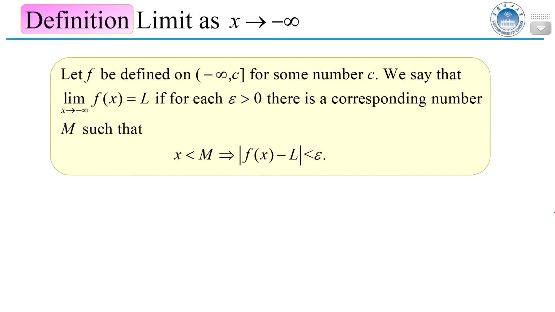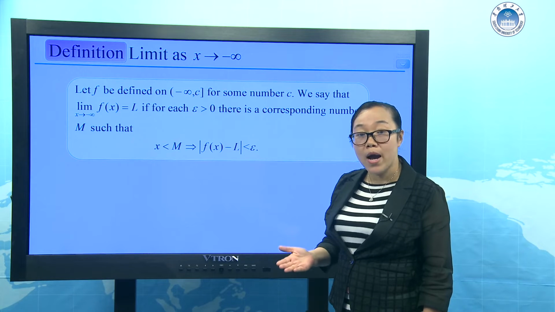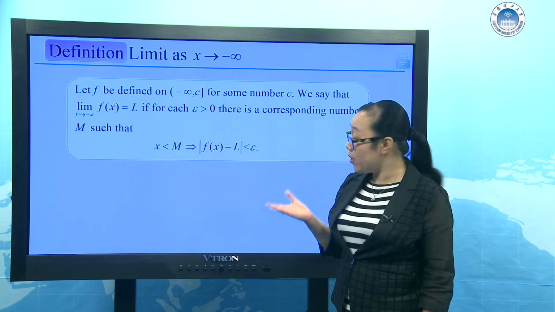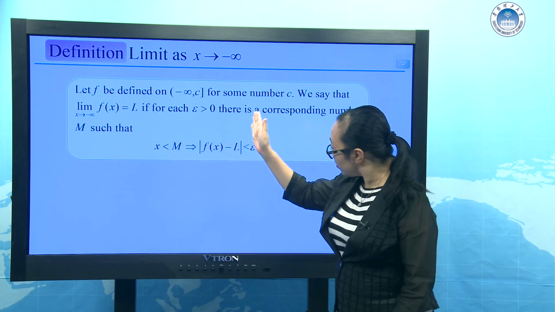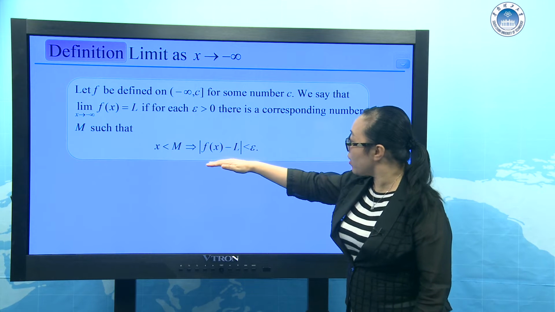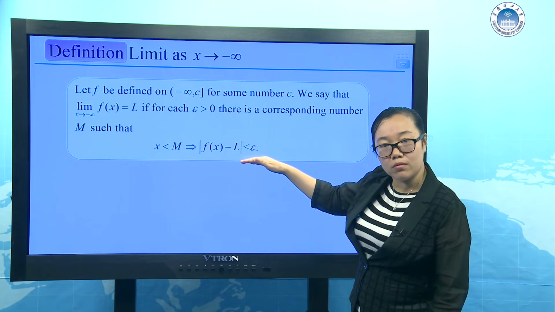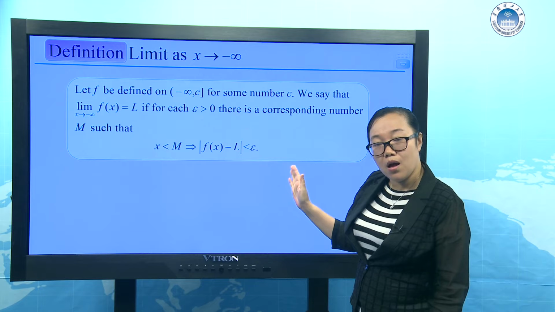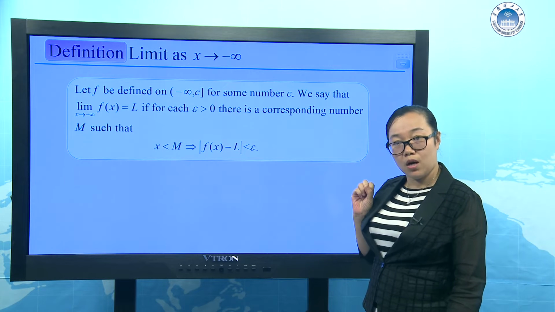For every epsilon greater than 0, there is a corresponding number capital M, such that x less than capital M. x less than capital M means x tends to minus infinity. We can get the absolute value of f(x) minus capital L less than epsilon. What is our epsilon?